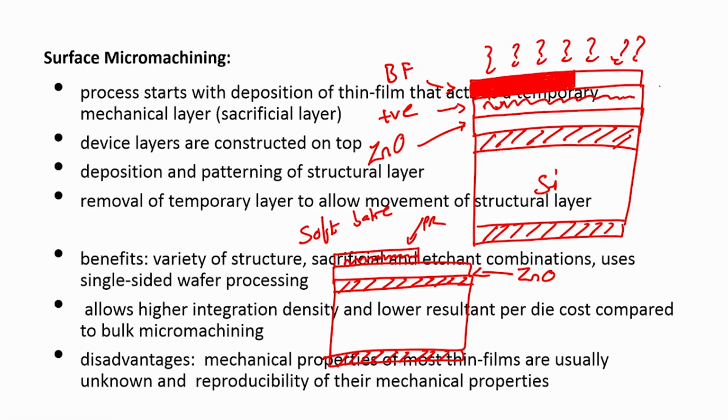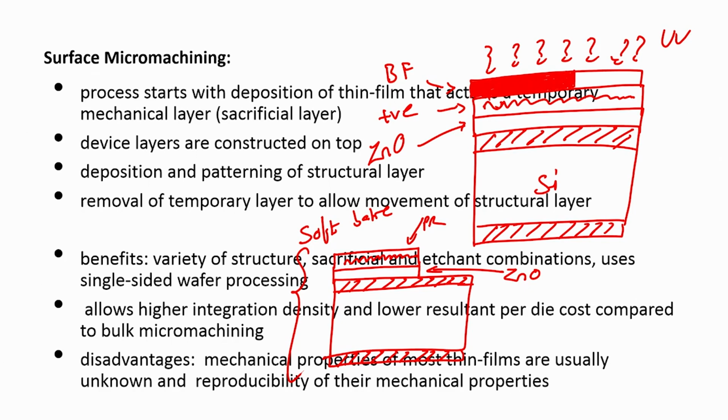When I develop this wafer after UV exposure in photoresist developer, I will have this wafer. Then if I dip this wafer in zinc oxide etchant, what will happen? I will save my zinc oxide only where the photoresist is there. Remaining area, zinc oxide will get etched.